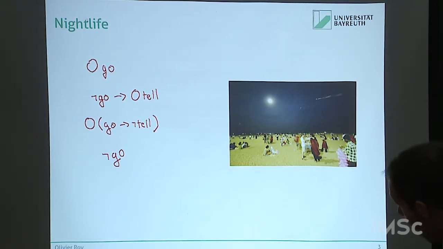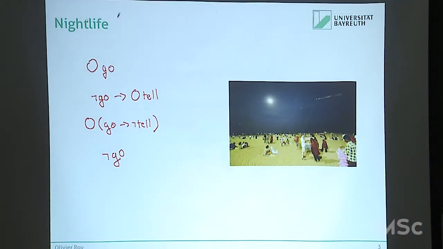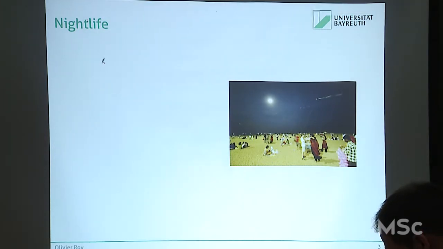Now I'm just going to show you one variation of it. Of course, you might try to change the scope of these obligations. But you see what's going to happen. Let's erase this. If you put both of them in narrow scope, you have this.